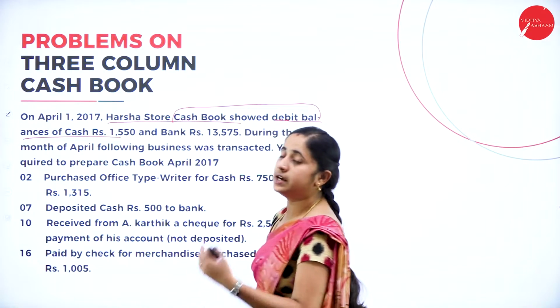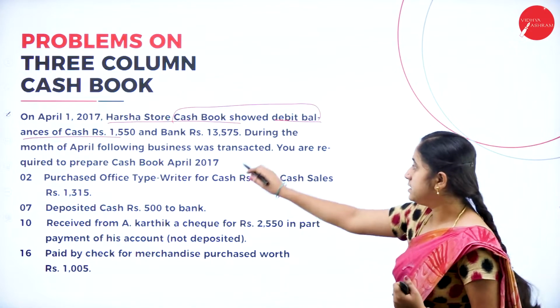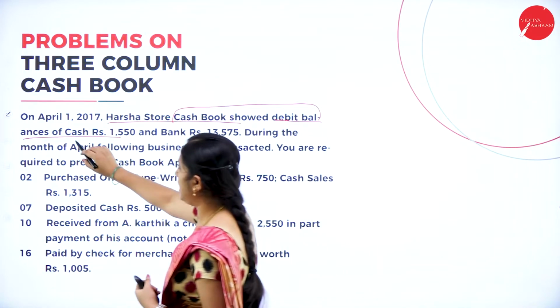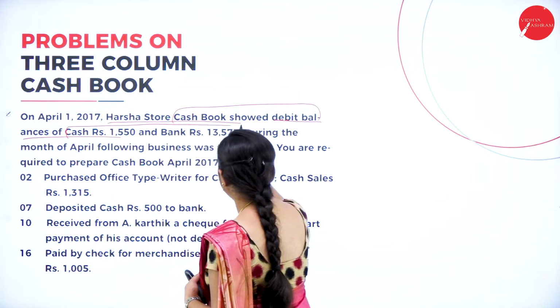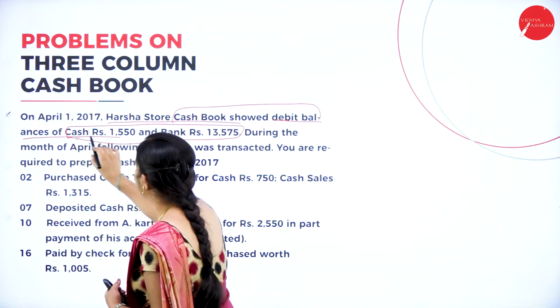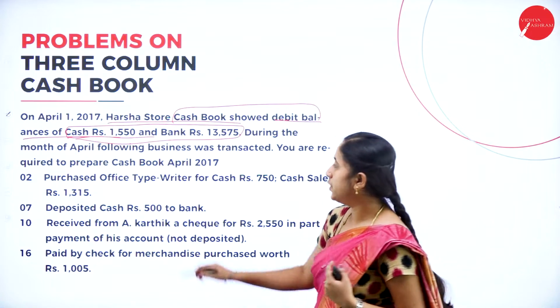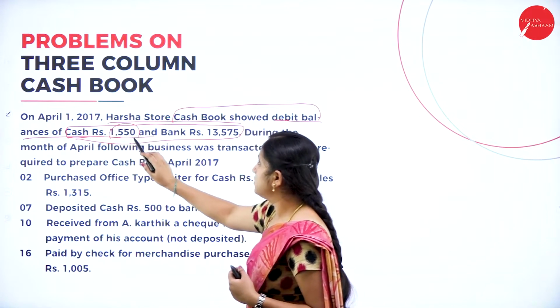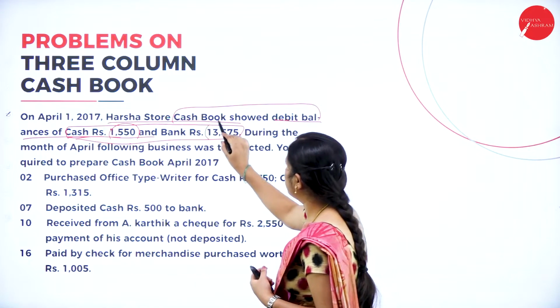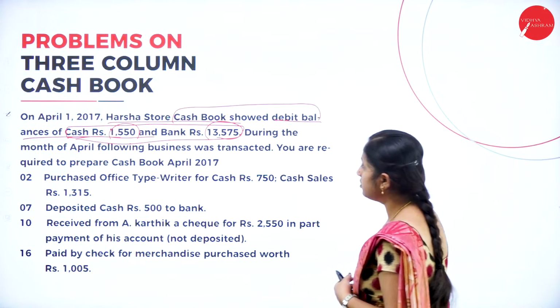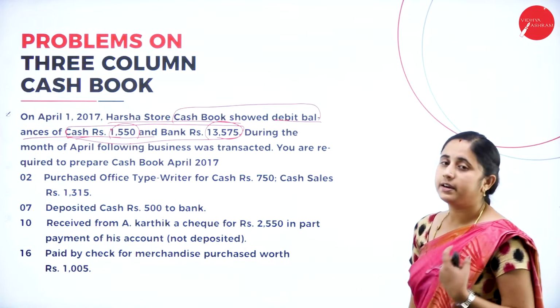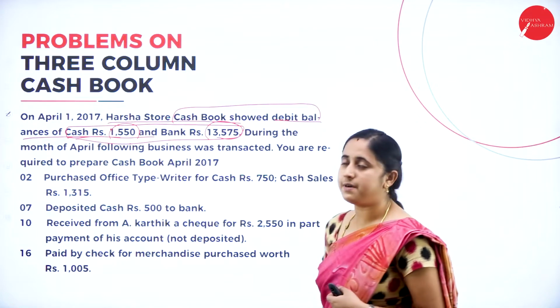Debit balance means receipt side, debit balance of cash. We have three columns to record the amount. First, cash. That means balance brought down, cash rupees 1,550 and bank rupees 13,575. That means cash balance 1,550 and bank balance 13,575.